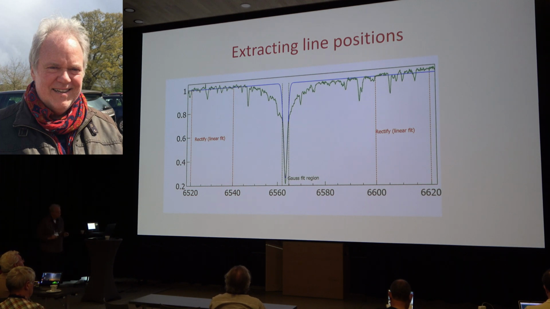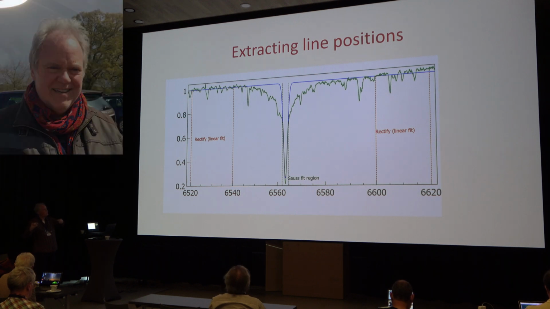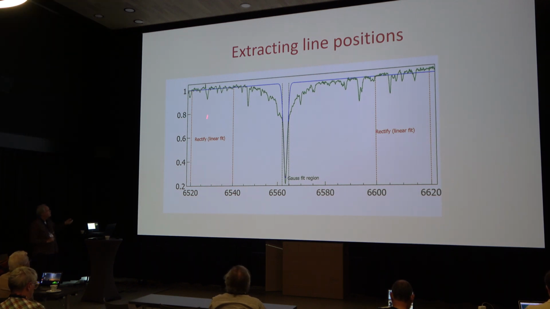So what I did, I tried to extract the position of this H-alpha line, and I proceeded as follows. I first of all tried to take out any notional continuum, which I assume linear, by fitting linear segments here and here. Again, Specutils does all this for you. It has functions for doing this. You just incorporate them into your code.